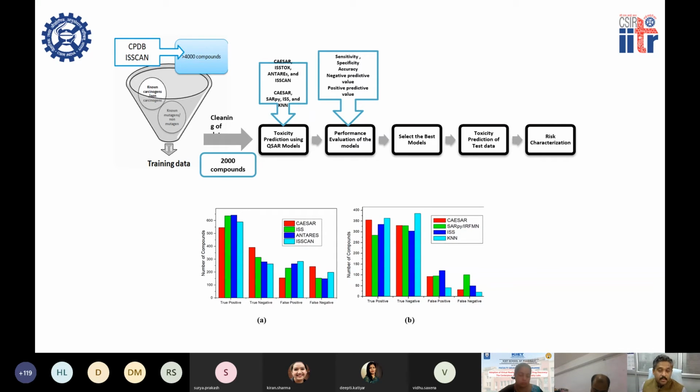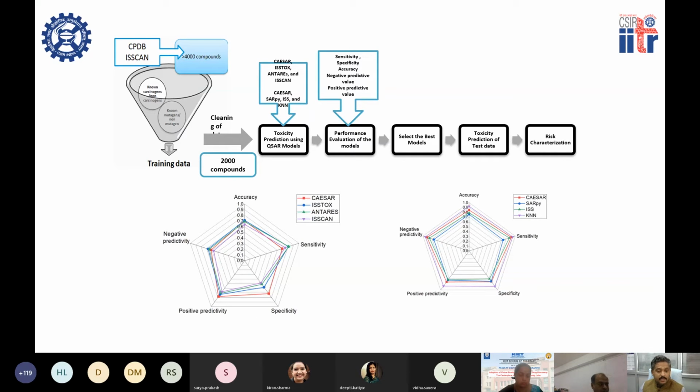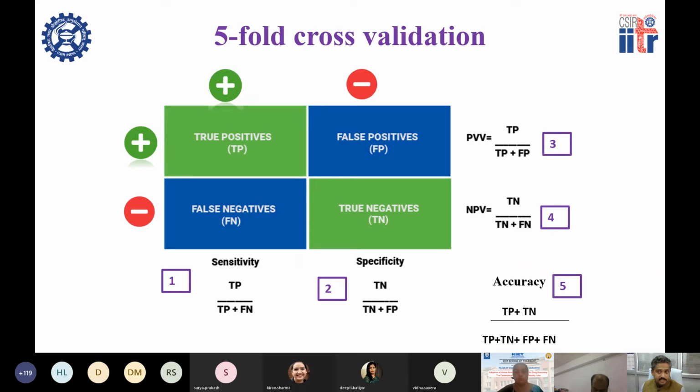So here we used the five-fold analysis. The five-fold analysis is a statistical validation method using true positives, true negatives, false positives, and false negatives, and how they relate to sensitivity, specificity, and accuracy.